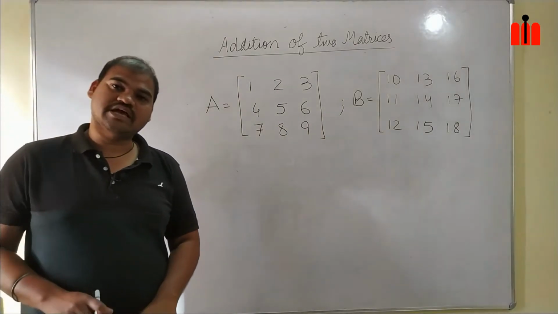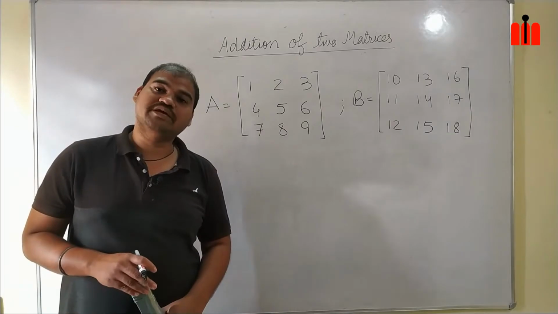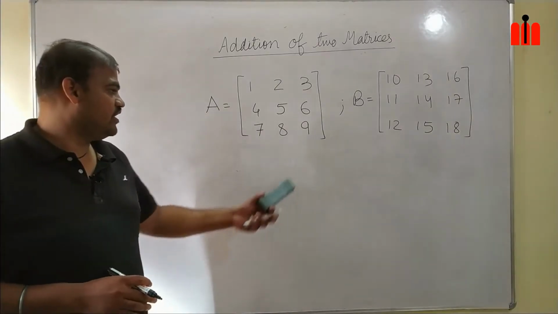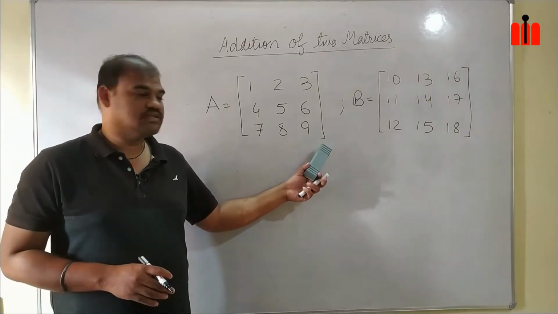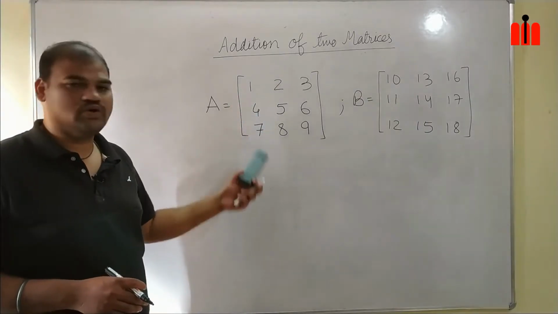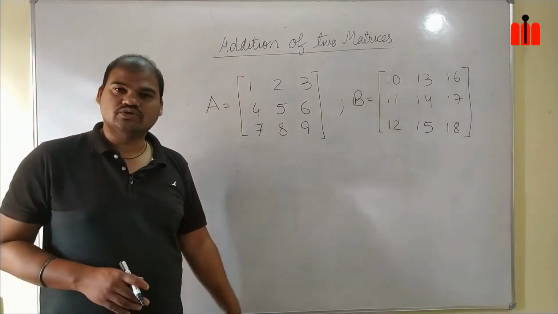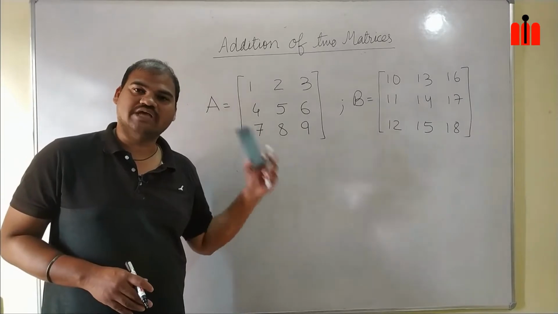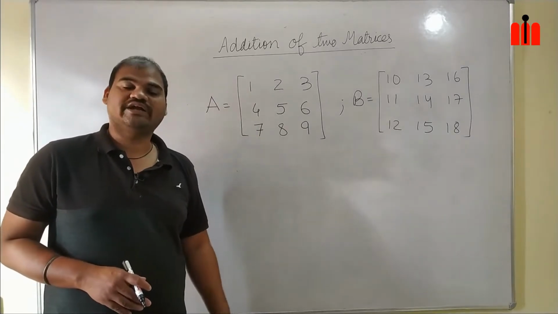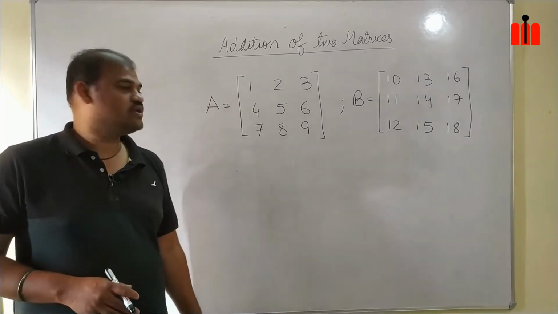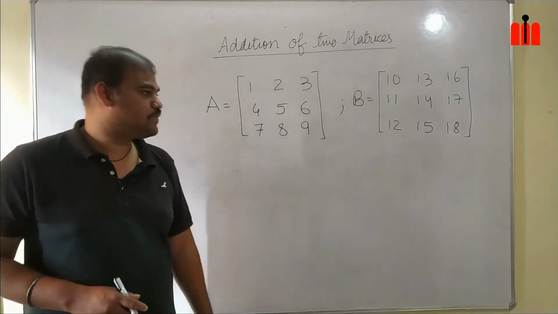Here the size is 3 by 3, with 3 rows and 3 columns. It is a two-dimensional matrix whose size is 3 by 3. We can call it the order also, so the order is 3 by 3.